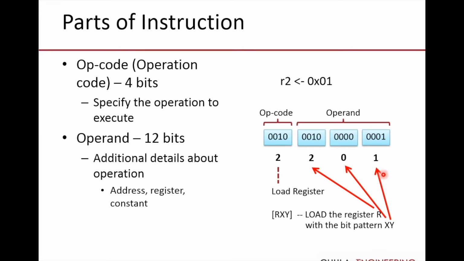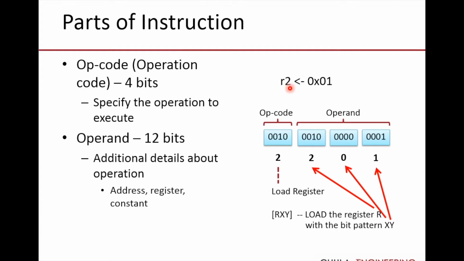This means we will load these 8 bits inside the instruction into the register indicated in these 4 bits. In this case, we have 201, meaning we will load the value 01 into register 2.